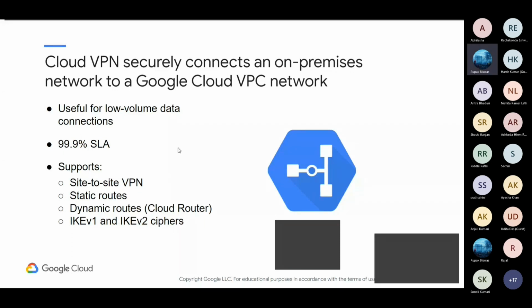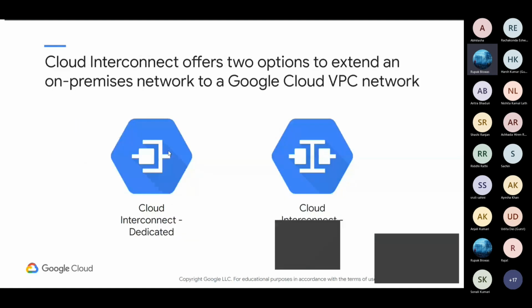Cloud Interconnect offers two options to extend an on-premise network to a Google Cloud VPC network: Dedicated Interconnect and Partner Interconnect. Whenever we subscribe to some services, we get a default network connection, that is the Google Cloud Dedicated Interconnect network.